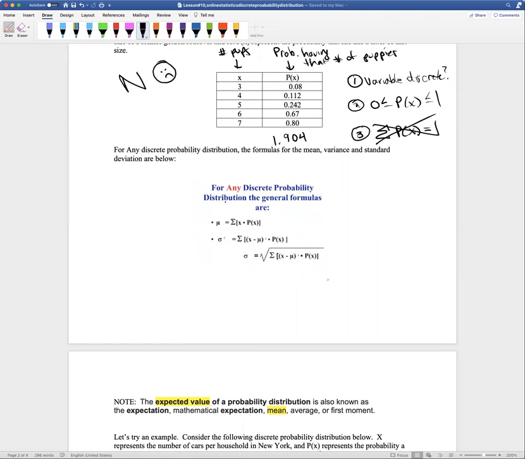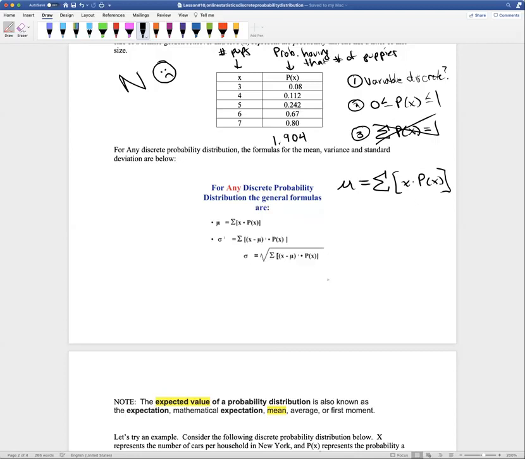For any discrete probability distribution, to find the mean, remember this little symbol over here means the sum of X times P of X. So the mean for any discrete probability distribution is represented by the formula, the sum of X times P of X. Well, what does that mean?